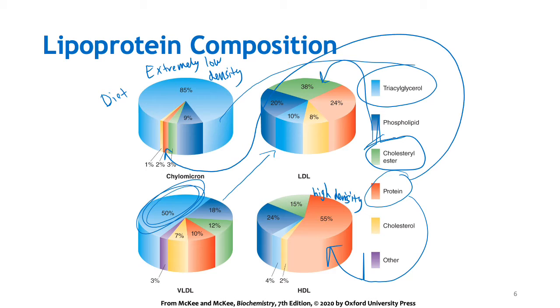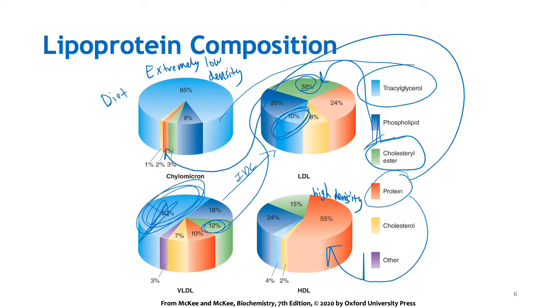That's because its main purpose is to dispense TGs to other tissues and the liver. Once it gets rid of those, you now notice a lower percentage of those TGs, and now you see a higher percentage of cholesterol going from 12% to 38%. Don't forget it goes through that IDL intermediate, and then you form the LDL.